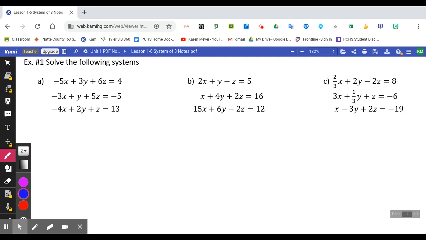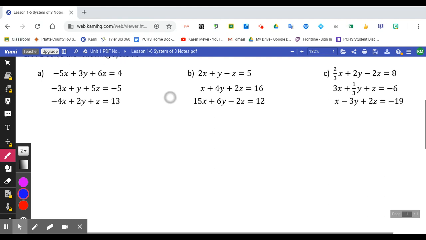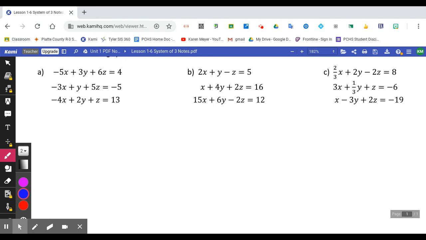So anyway, we're looking at these three equations and we get to choose whichever letter we want. I am going to choose to cancel out y. And I am going to pick the middle one and the bottom one. And if I want to cancel out y, I have to multiply the middle one by -2.